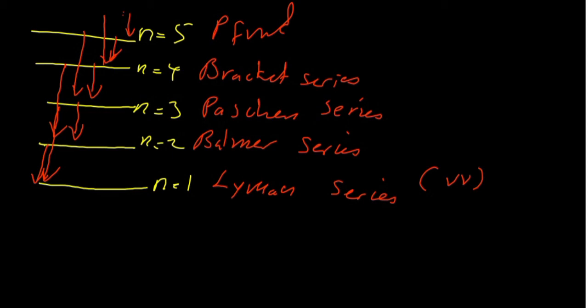So when it drops to n is equal to 2, it will be in the visible light spectrum. Now for these three, Pfund, Brackett, and Paschen, n is equal to 5, n is equal to 4, and n is equal to 3, that will be in the infrared region of the electromagnetic spectrum. So in case they ask, that is what we have.